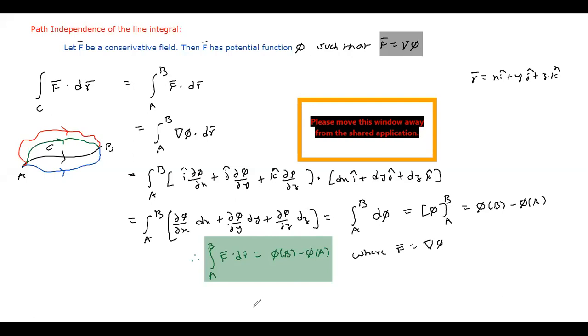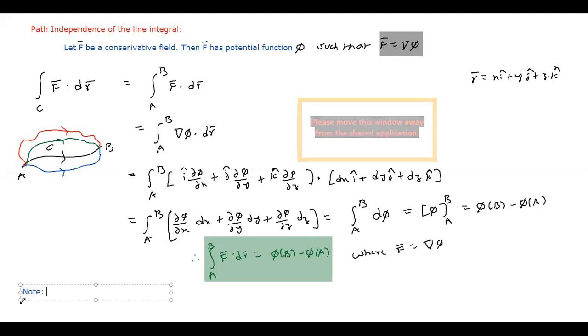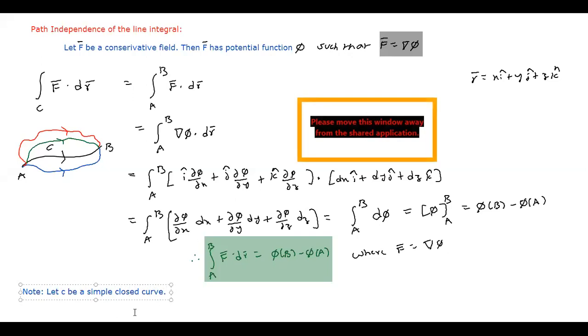Okay, so let us say let C be a simple closed curve. What is the advantage if C is a simple closed curve? For a simple closed curve in a conservative field F bar.